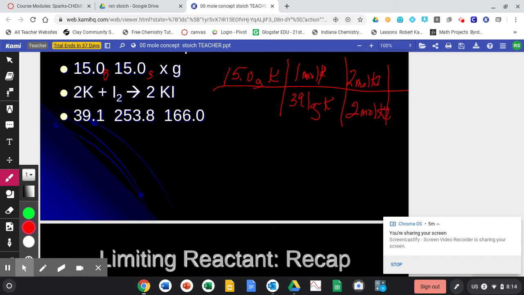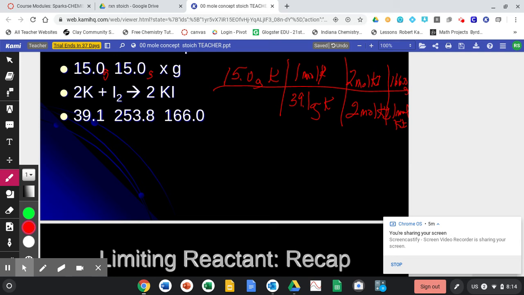Now I'm ready to use my molar mass, which is always for 1 mole. 1 mole of KI is 166 grams. I'm going to run out of space here. And that's going to give me an answer with 3 sigs.